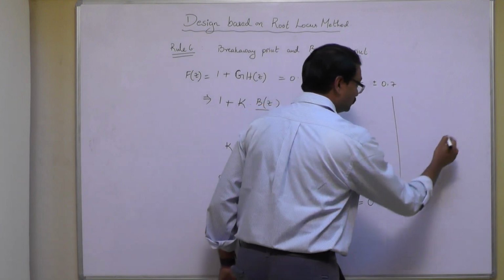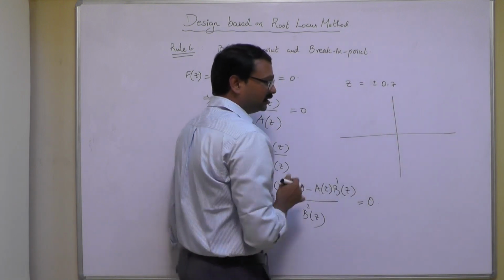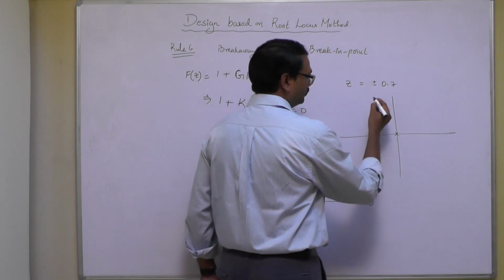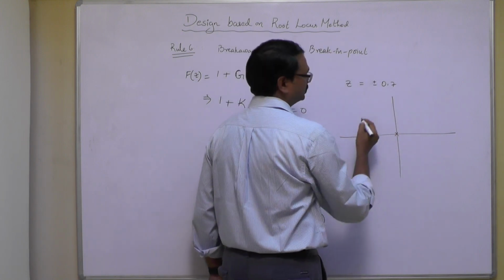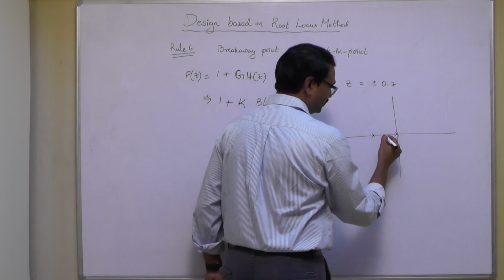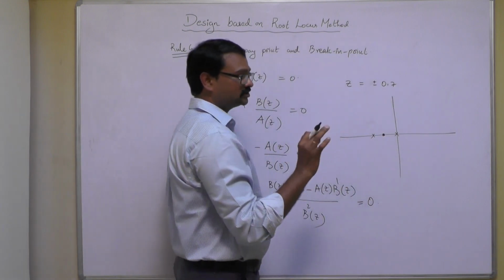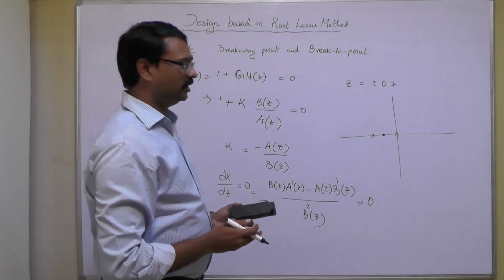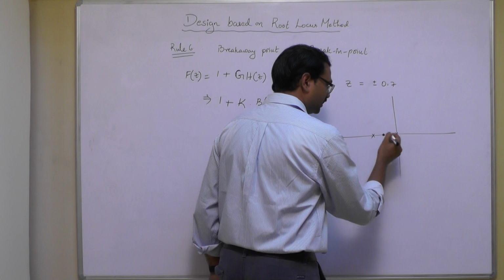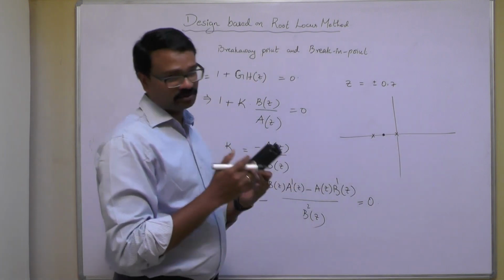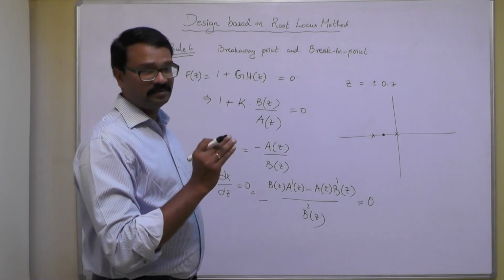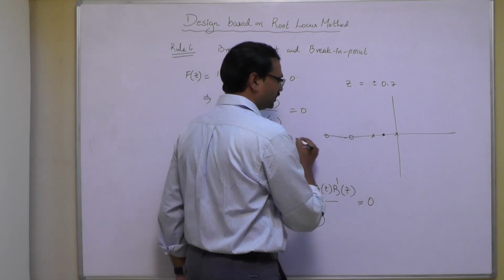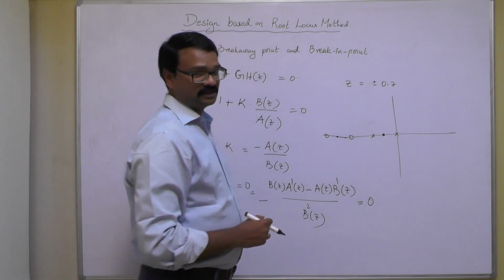But because this is a real value, for example if I am having minus 0.7 and it is lying on a portion of the real axis, then only will I consider that as the breakaway point, because between any two poles there should be some breakaway point. Between any two zeros there should be some break-in point. That is what is considered here.